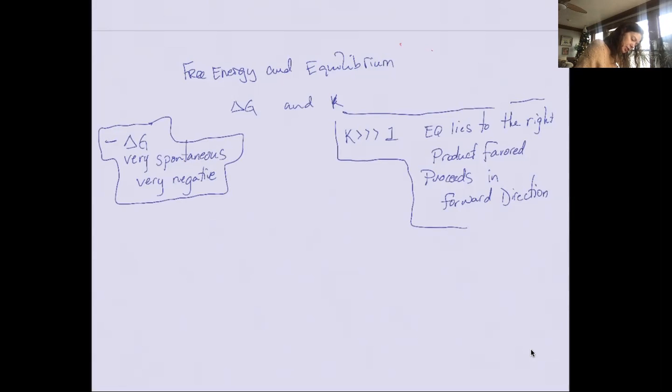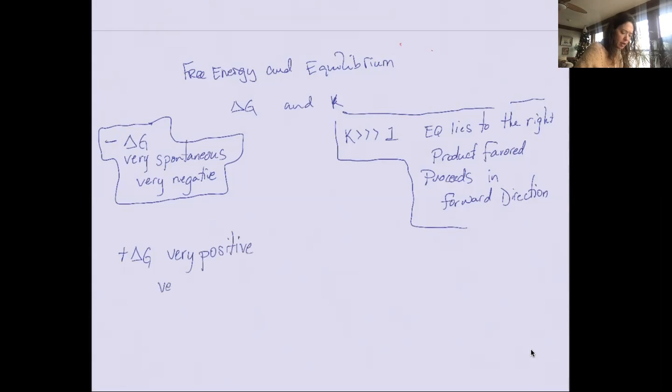If we have a positive delta G of great magnitude, meaning very, very positive, the magnitude doesn't have to do with the charge. It means the size of the number. So a very large magnitude delta G, whether negative or positive, let's say it's very positive.